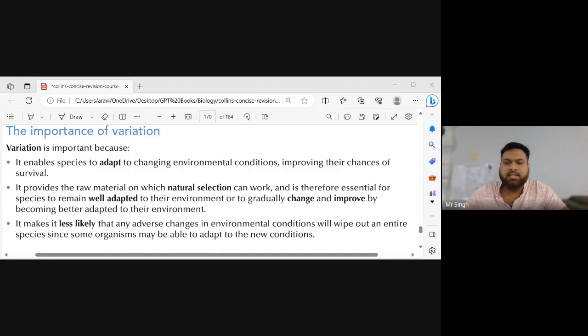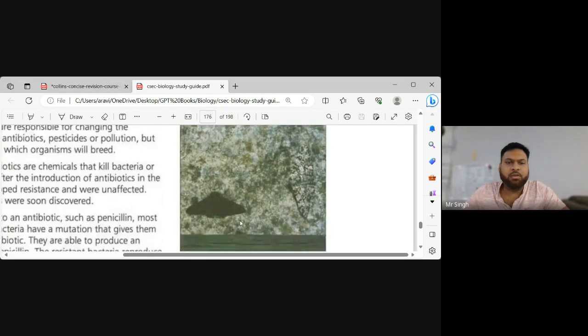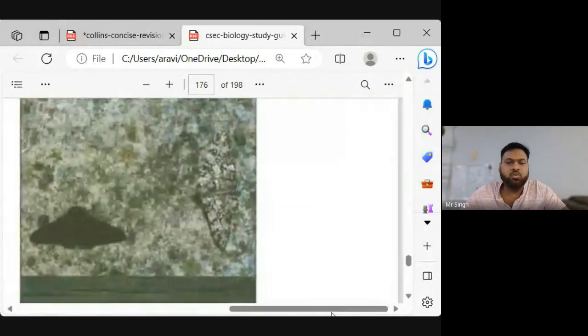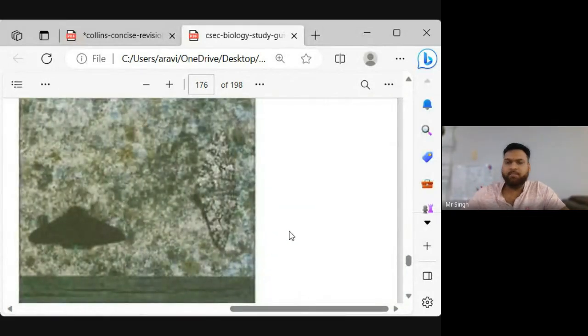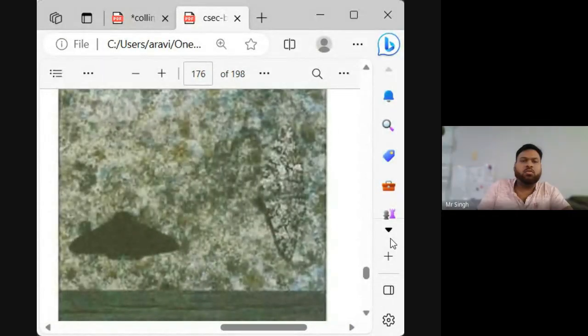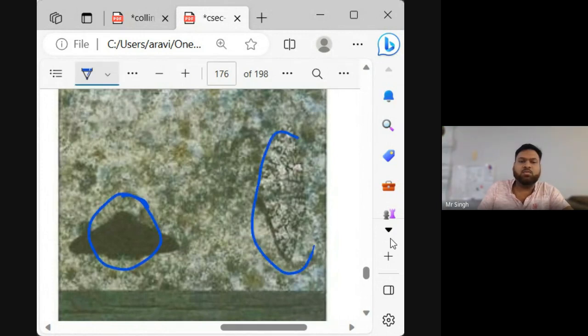So let's take a look at this diagram here. This diagram shows a moth in the picture. You'll tell me if you're seeing the two moths. One is this moth here, and the other one is this one here. Everybody's seeing it now.